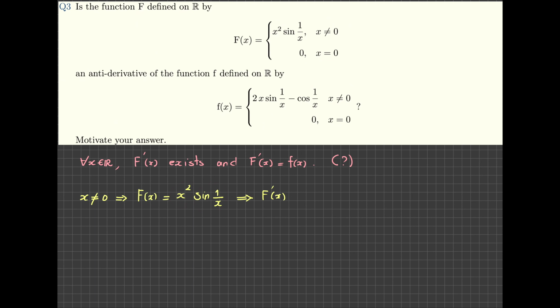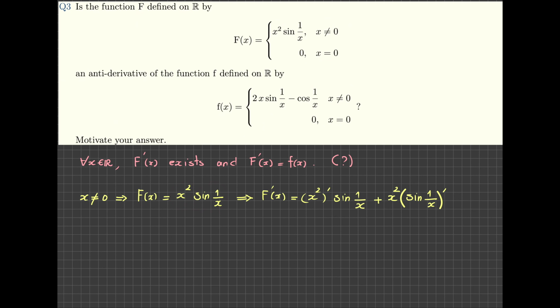So the product is also differentiable. And to differentiate it, I have to use the product rule. So it becomes the derivative of the first function multiplied by the second function itself plus the first function x squared multiplied by the derivative of the second function.